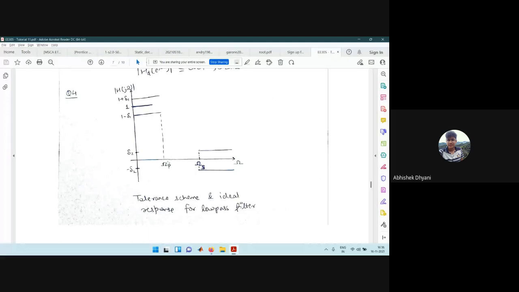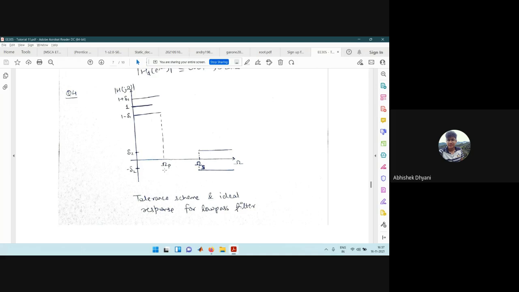And this is up to a frequency which is the pass band. Then when we come to the stop band, I want the response to vary between minus delta 2 to delta 2. So we start somewhere here, then it goes down like this, and then it stays within this one.